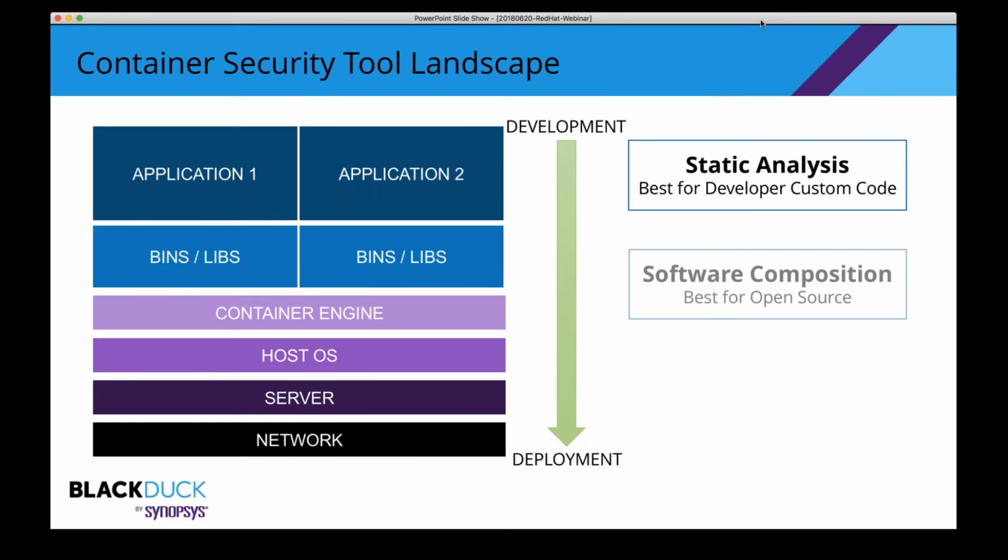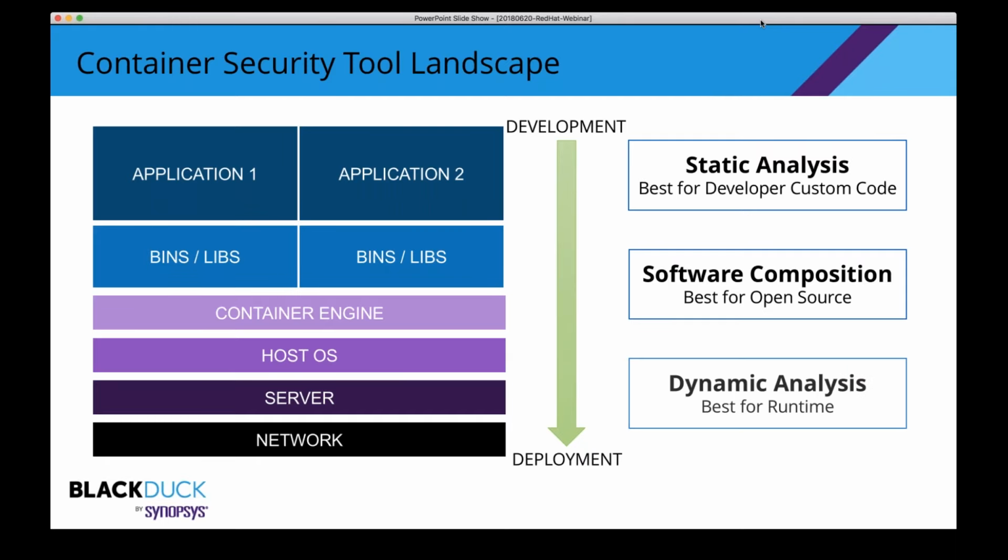Then there are tools called software composition tools. Software composition tools look at what is brought into that application that is not proprietary. Typically, that's open source, and they help you understand things like vulnerabilities associated with those open source components, the licensing that's associated with them, and community or project statistics like committers and contributors.